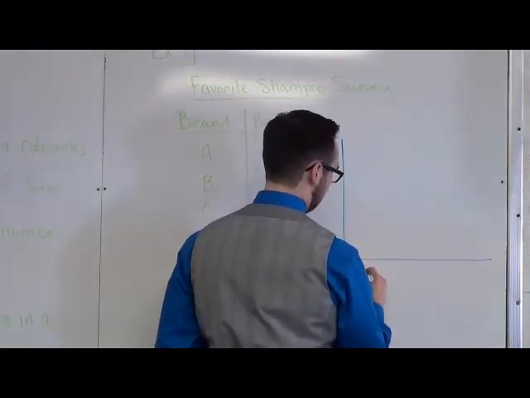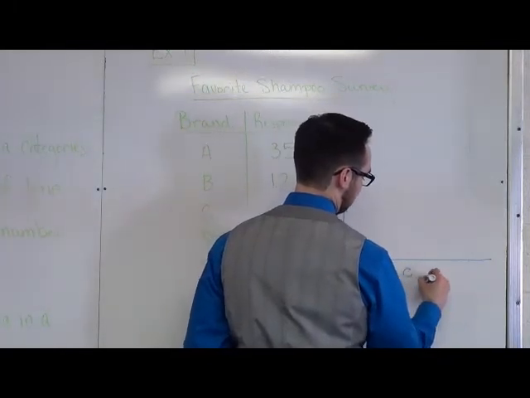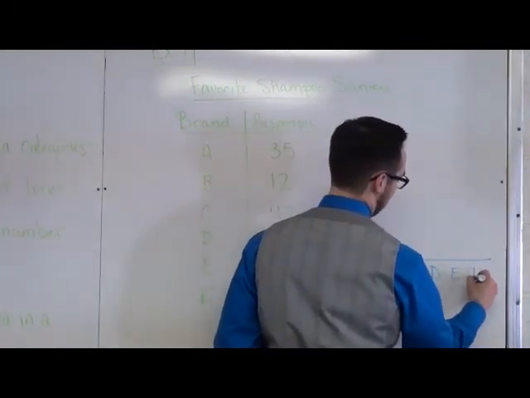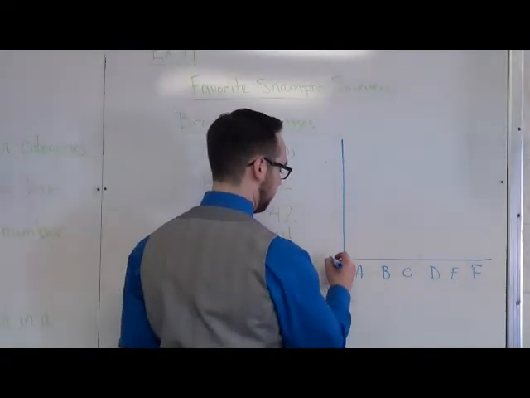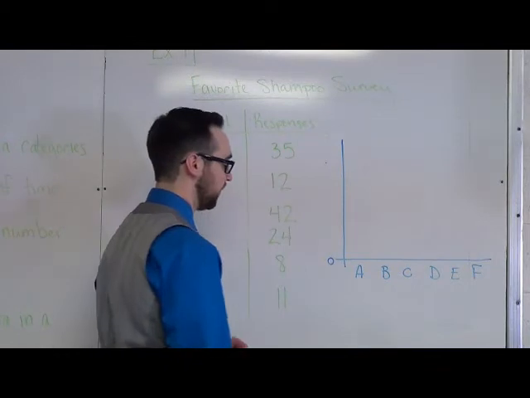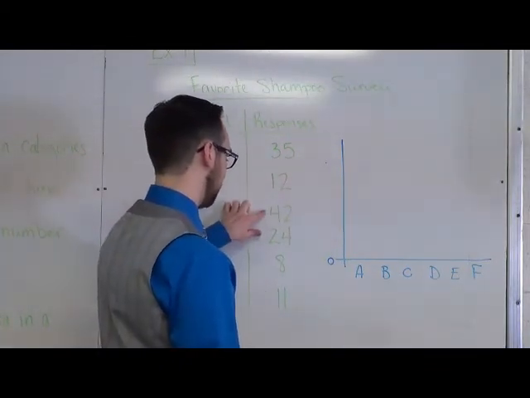So across the bottom, I'm going to put A, B, C, D, E, and F. Now you have to start at 0. This is always 0 down here at the bottom. And then we need to make it all the way up to 42.